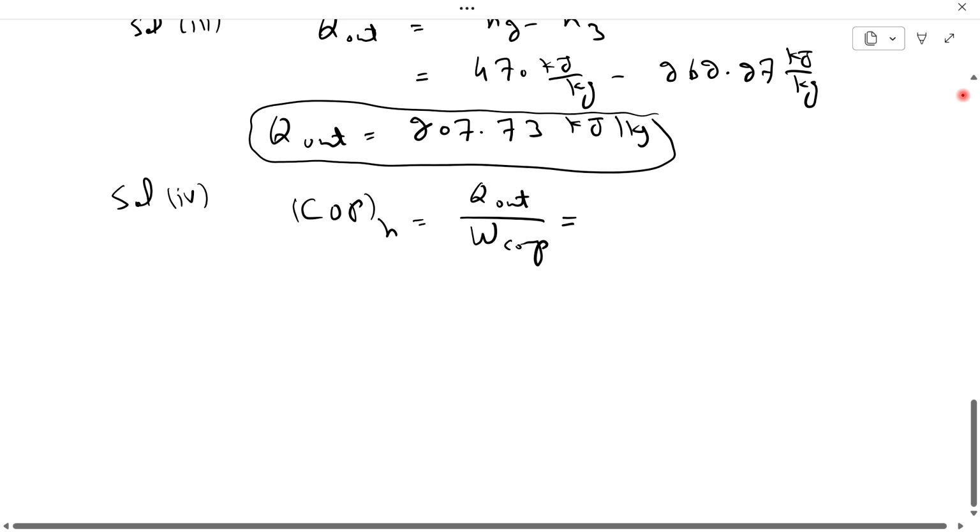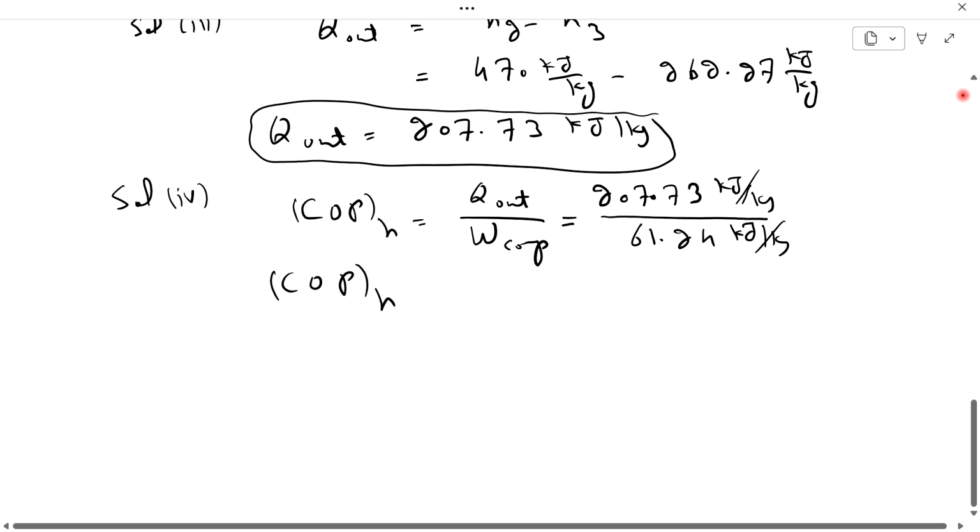The heat rejected in the condenser is 207.73 kilojoule per kg and the work of compressor is 61.24 kilojoule per kg. Kilojoule per kg cancels, and the coefficient of performance of heating is equal to 3.39.